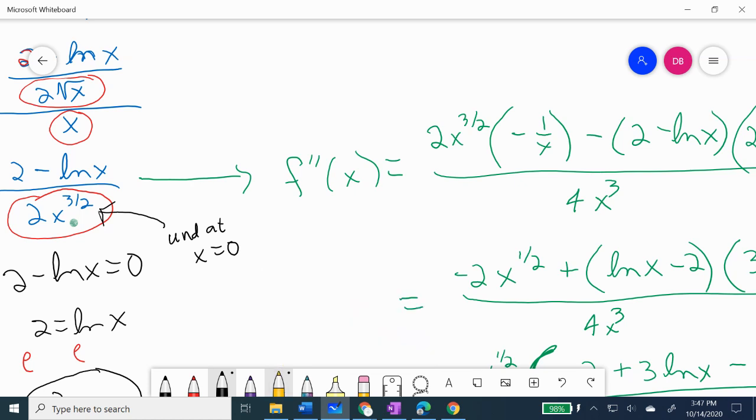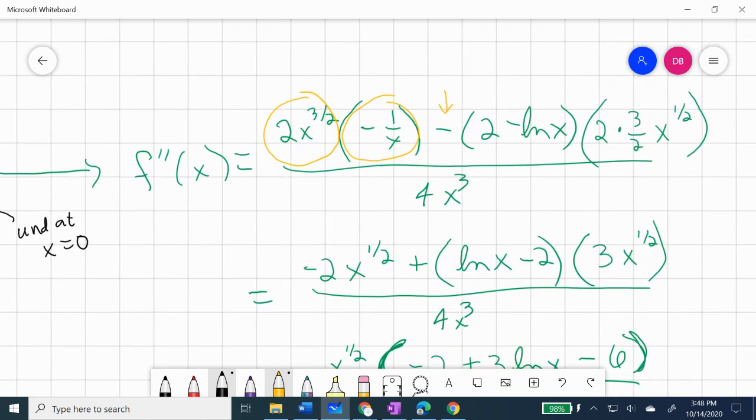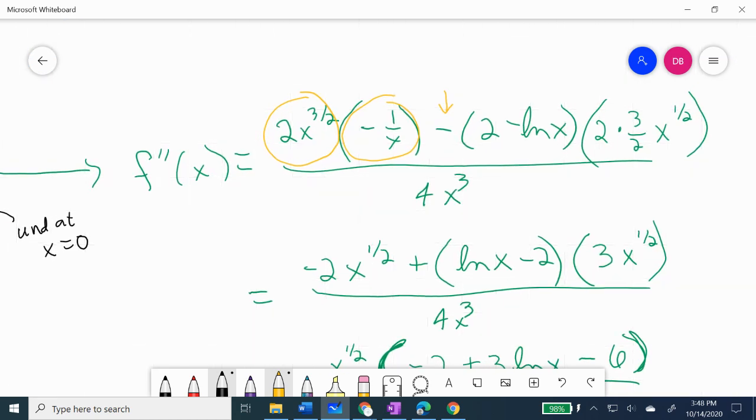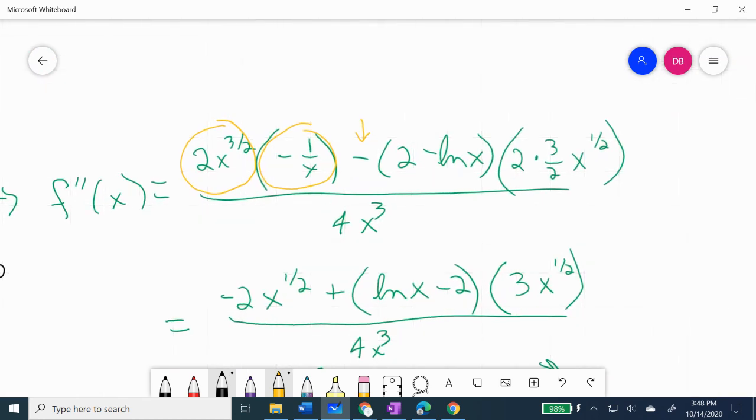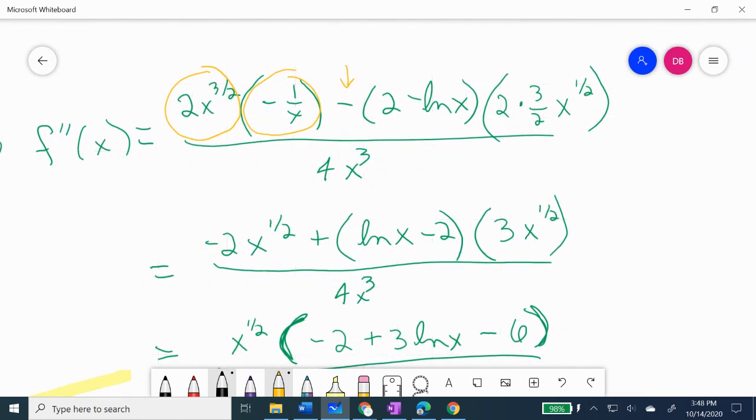So low d high, because the derivative of 2 minus natural log x is 0 minus 1 over x. Low d high minus high d low. For the d low, I'm taking the derivative of 2x to the 3/2, so I'm getting 2 times 3/2 times x to the 1/2 power. I said e when I should have said x. And I get cancellation there.